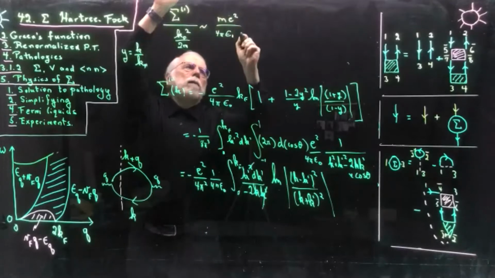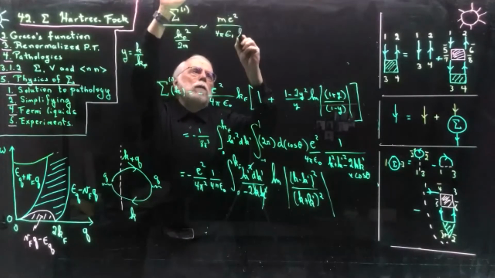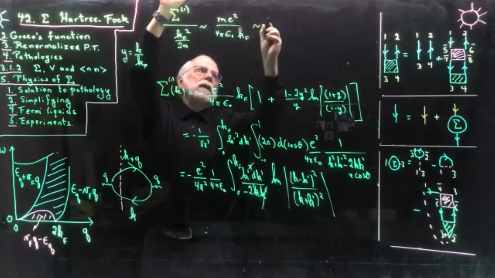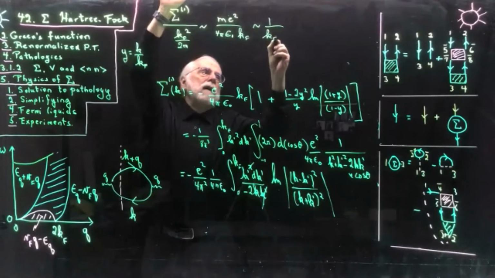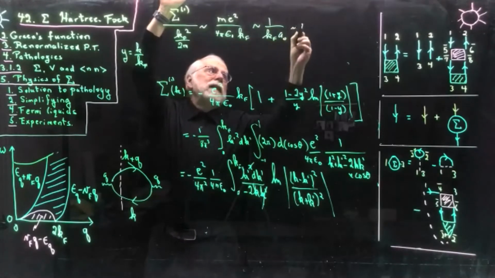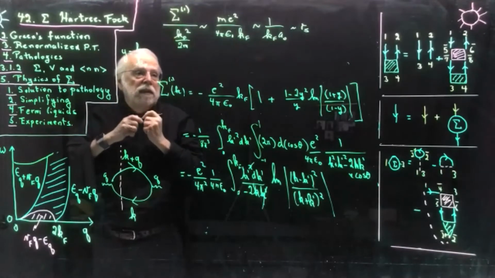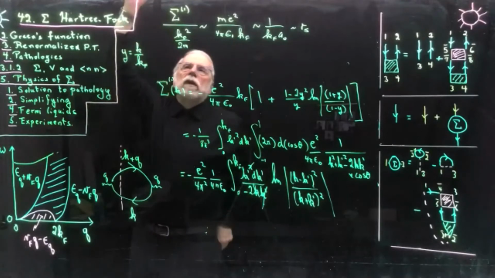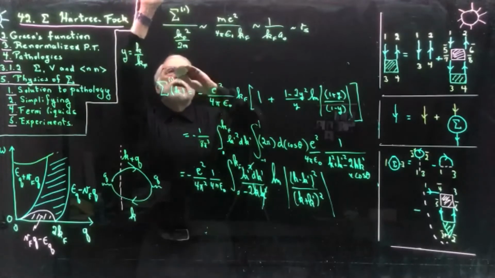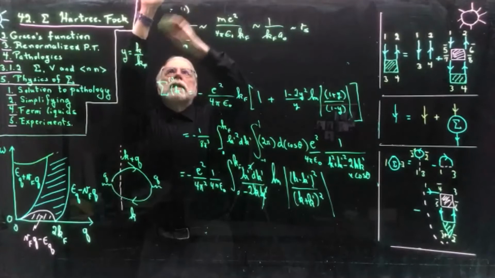There are constants that are missing, divided by kf. So this is 1 over kf a0, which is rs. Okay, we said it was an expansion in powers of rs. So this part is nice.